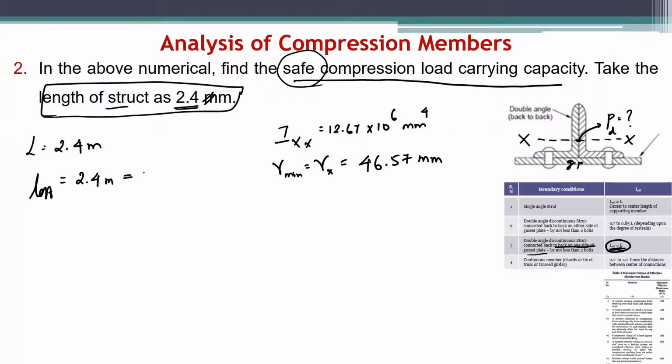Let me write it in mm, 2400 mm. Now I know the length. Now I need to find the slenderness ratio.